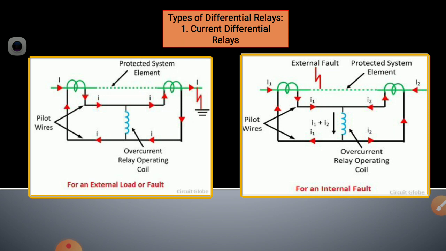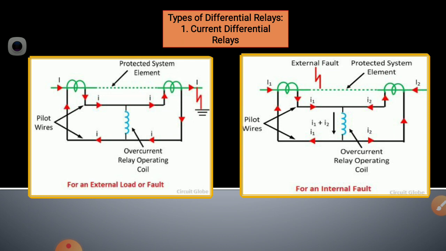So there is a green dotted line which represents the system element that is to be protected by the differential relay, and this system element might be the length of circuit, a portion of bus bar, or the winding of the generator, or that of the transformer.